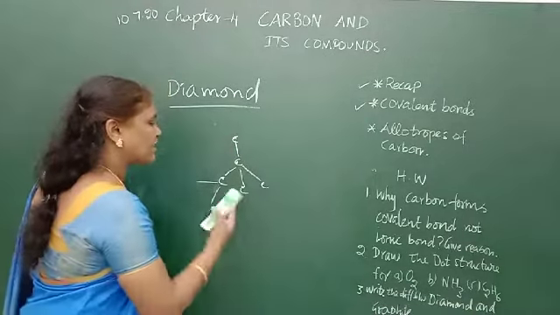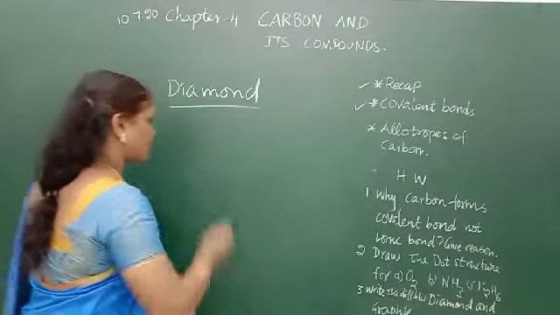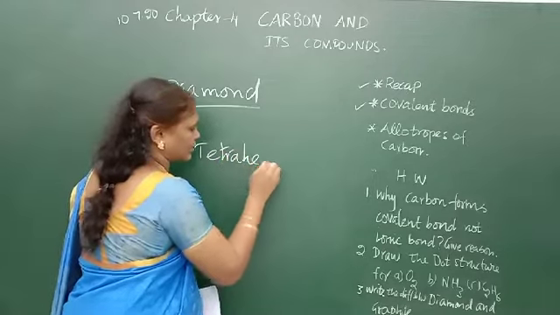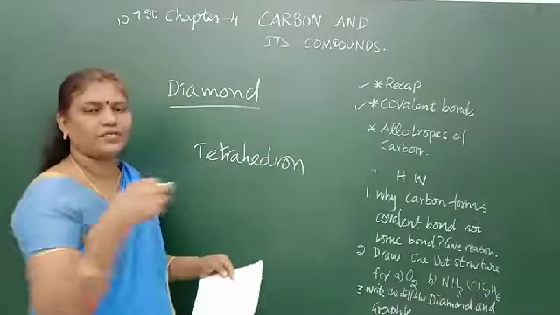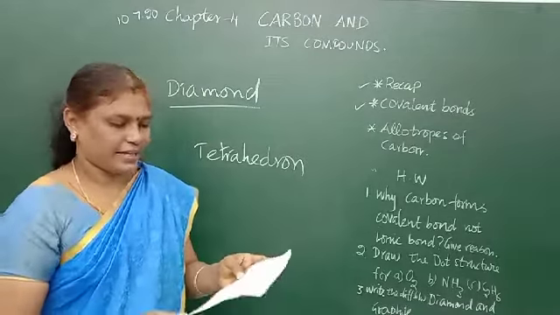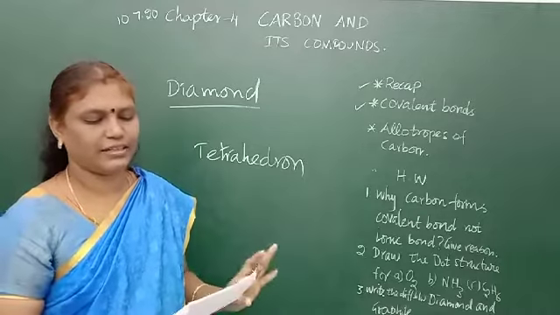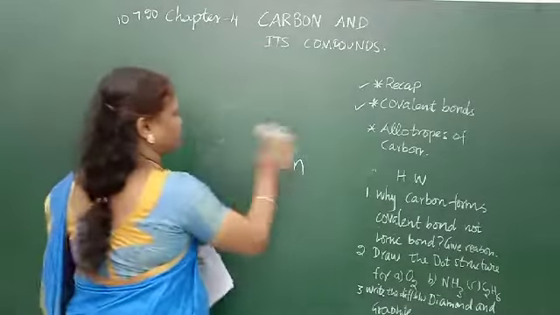So they are 3-dimensional, and the structure is called tetrahedral. They are bonded with 4 carbon atoms, and they are not reactive. Then we are going to see about graphite.